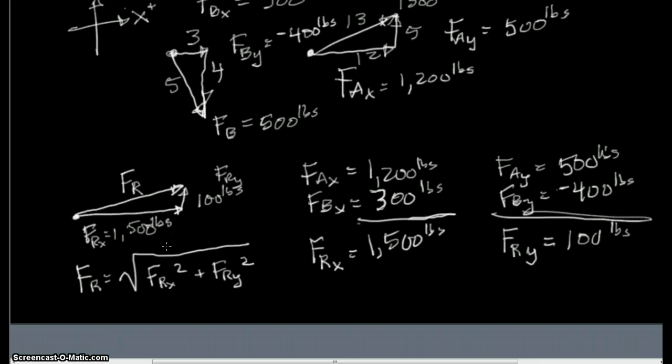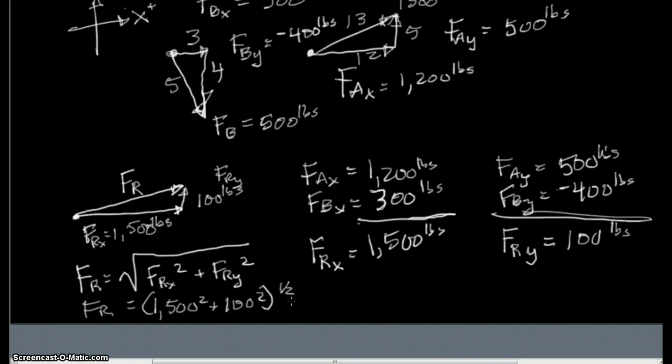Because this side squared equals this side squared plus this side squared, you just take the square root of that and put it over here. It's algebra. I'm sure you remember it. So what is 1500 squared plus 100 squared, to the 1/2 power, which will give you FR.